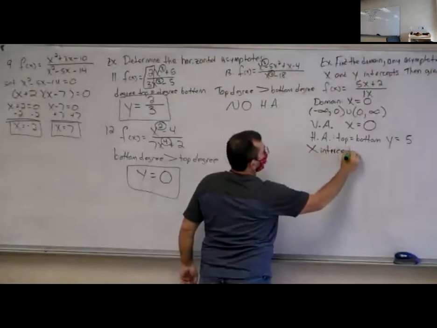To find the x-intercepts, like I said a while ago, we set the top equal to 0. So the numerator would be 5x plus 2 equals 0. So pretty much everything I worry about that bottom for, except for my x-intercepts, then I'm worried about that top.